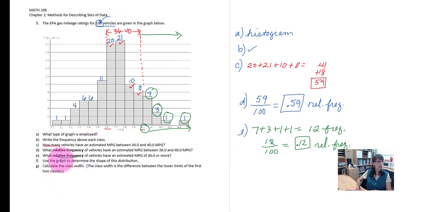In part F, we're going to use the graph to determine the shape of the distribution. Now you can see that it starts off kind of low, rises to a peak, and then falls back down. So that's what we call the mound shape.